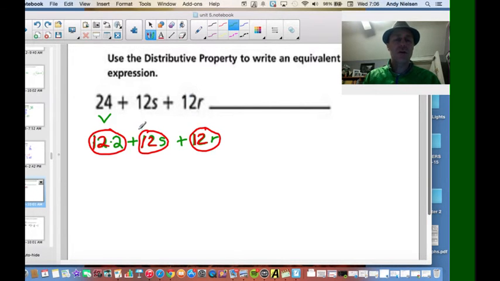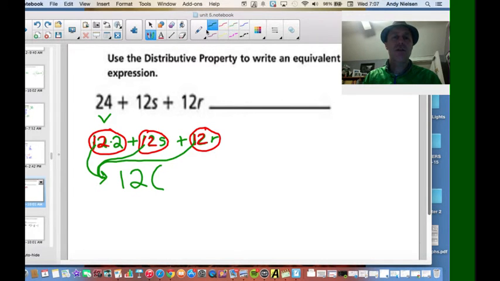So what I'm going to do now is pull out that common factor that they all share from all three terms. Just pull it out, and I'm just going to write it once. There's my 12. And then I'm going to make a set of parentheses and put whatever was left after I pulled the 12 out.